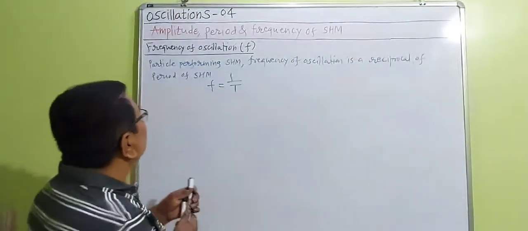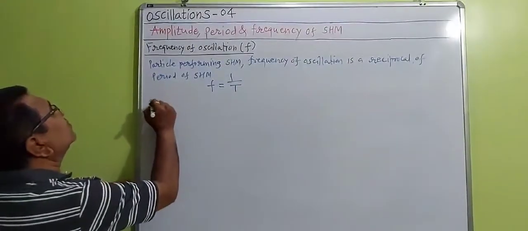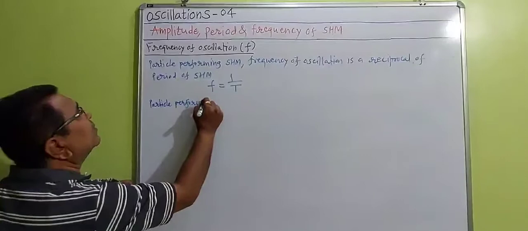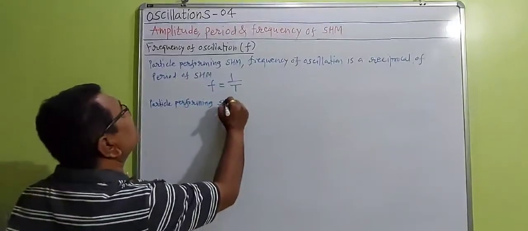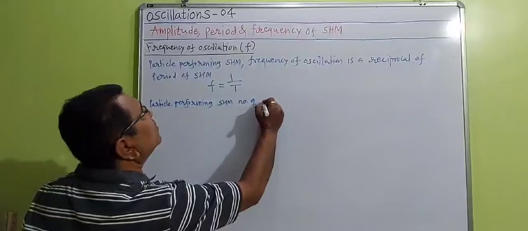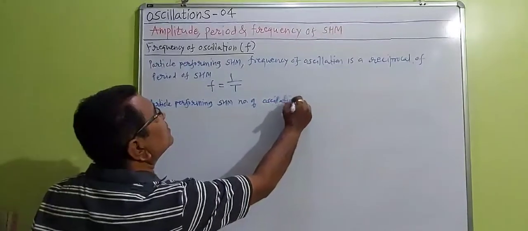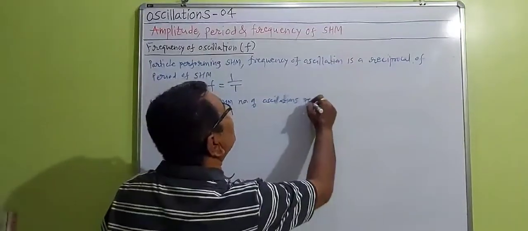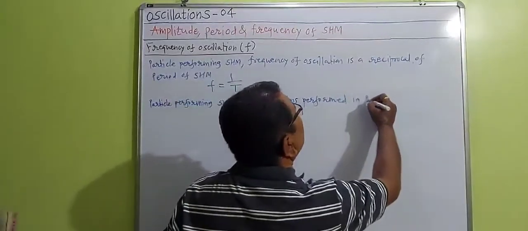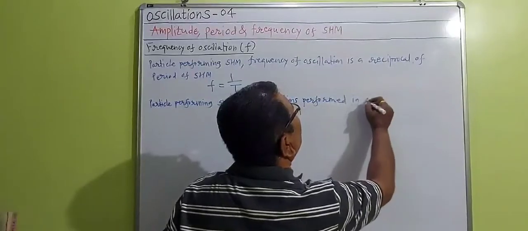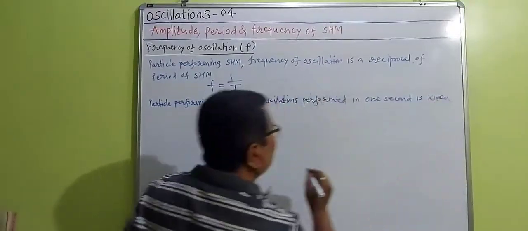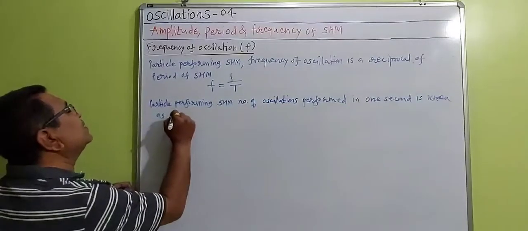I will write here: for a particle performing SHM, the number of oscillations performed in 1 second is known as the frequency of oscillation.